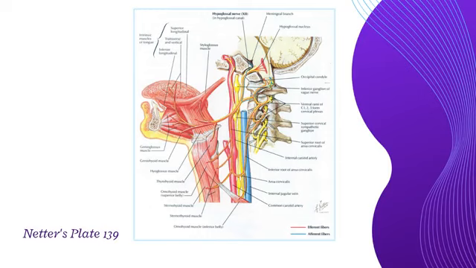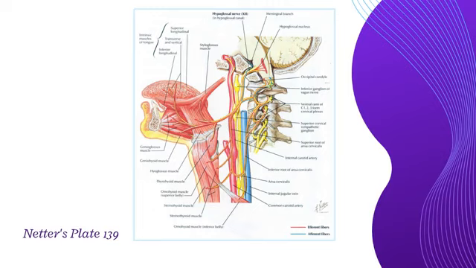This is a common way that you can see a difference between a lesion of the vagus nerve and a lesion of the hypoglossal nerve. In a lesion of the vagus nerve, if you have them stick their tongue out, the tongue will deviate to the opposite side. So if I had a lesion of the vagus nerve on the left side, then my tongue would deviate to the right side. But with a lesion of the hypoglossal nerve on the left side, my tongue would deviate to the left side.